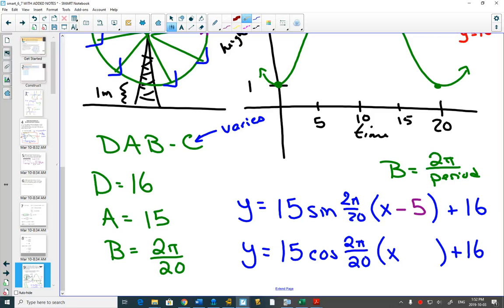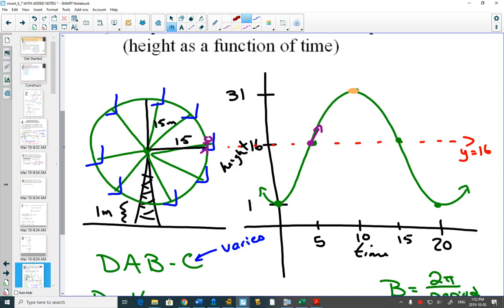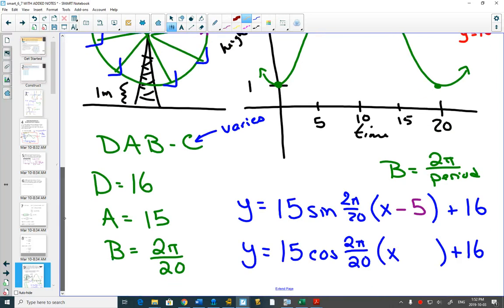Go back to our graph. Where does a cos graph start? Right, at a maximum. Where is that maximum? Shifted 10 to the right. How do I show a translation of 10 to the right? Minus 10.